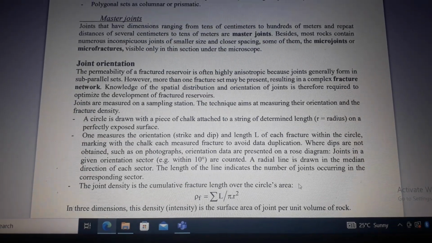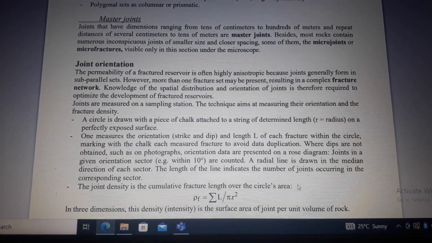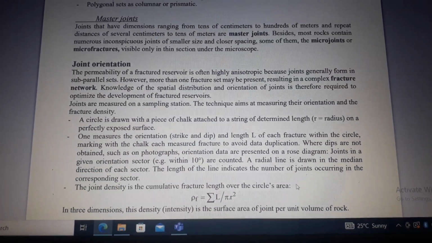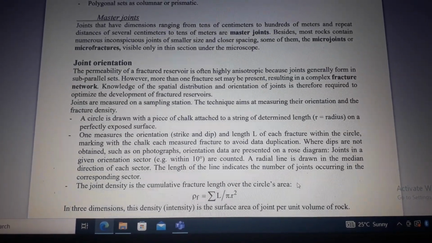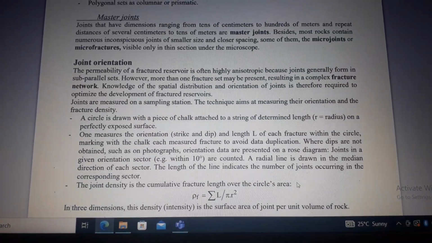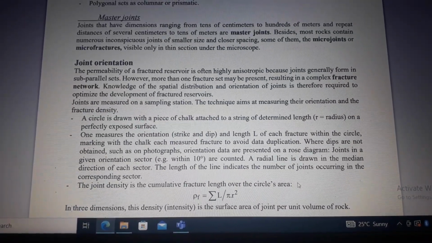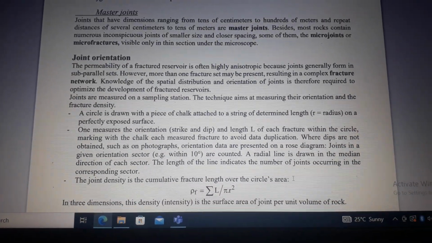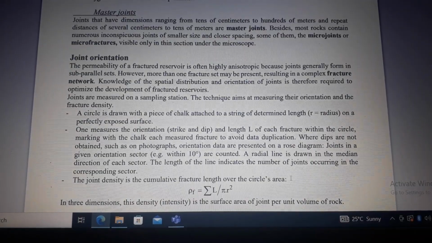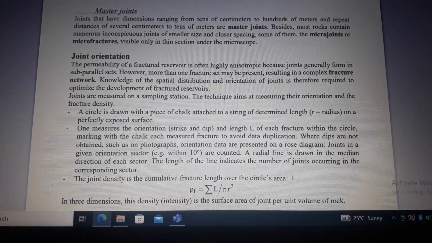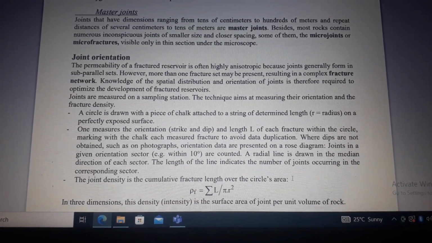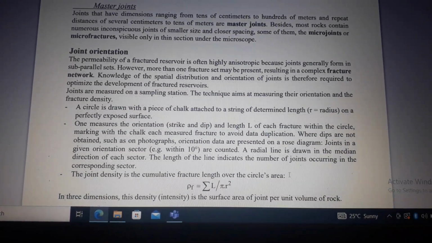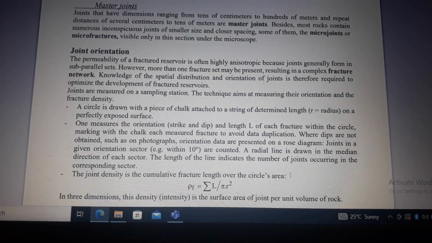Joint orientation. The permeability of a fractured reservoir is often highly anisotropic because joints generally form in subparallel sets. However, more than one fracture set may be present, resulting in a complex fracture network. Where dips are not obtained, such as on photographs, orientation data are presented on a rose diagram.